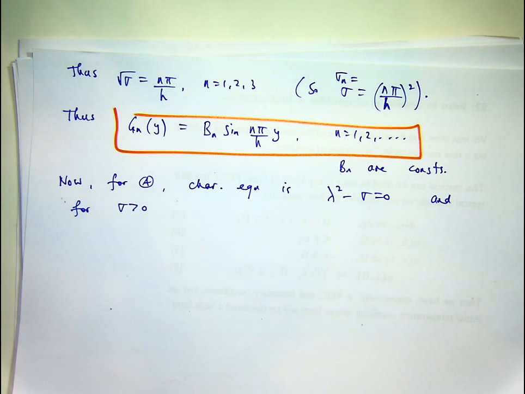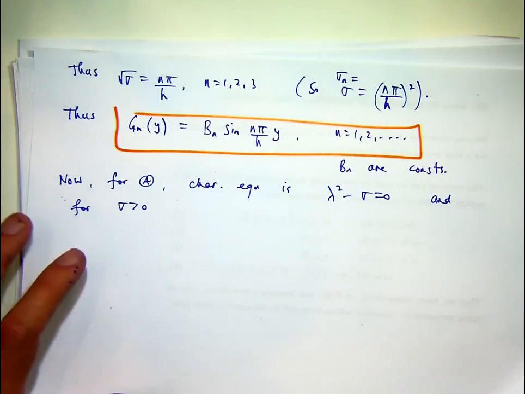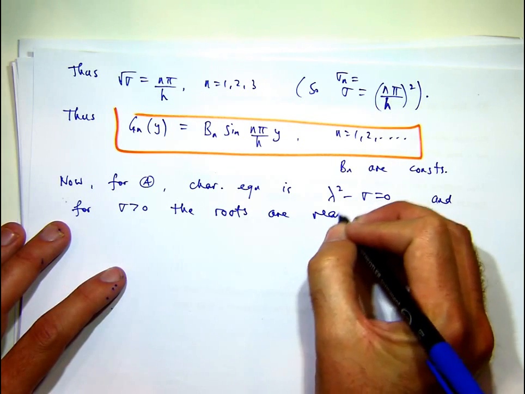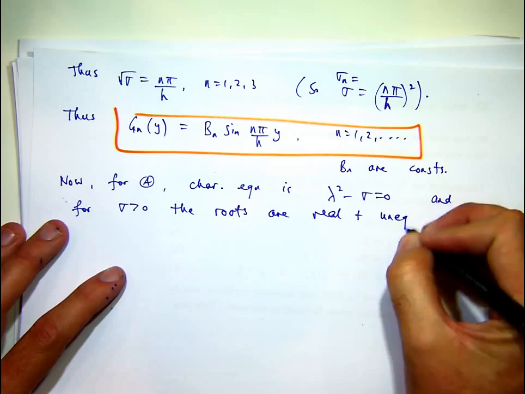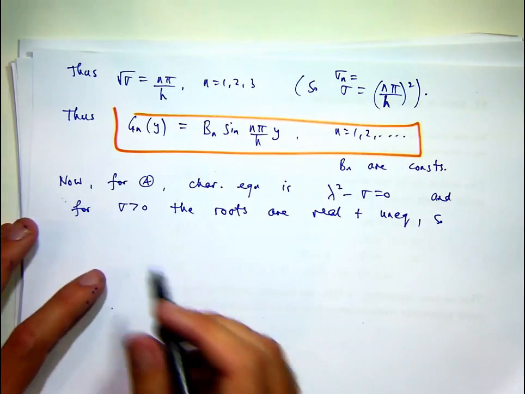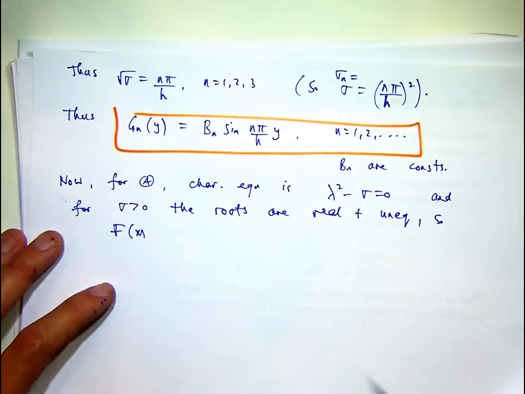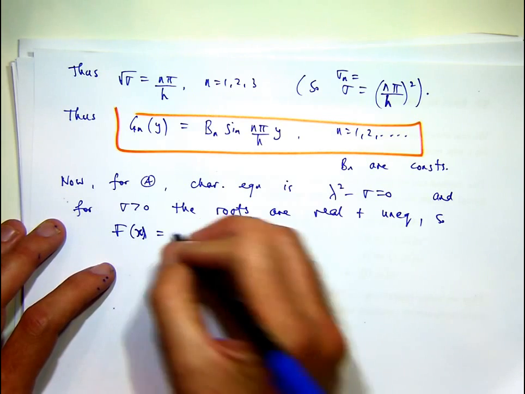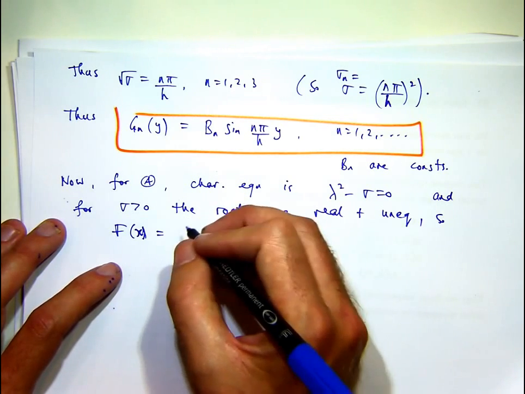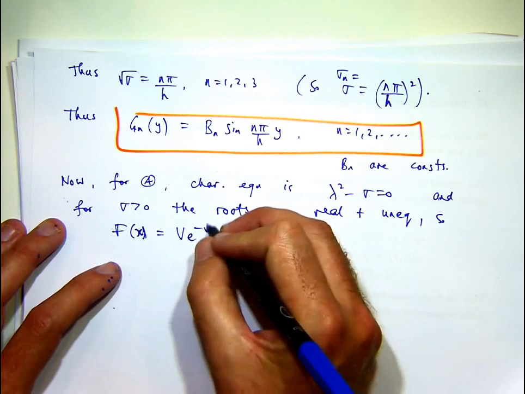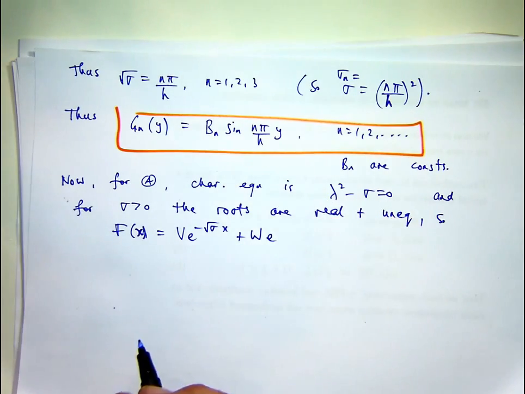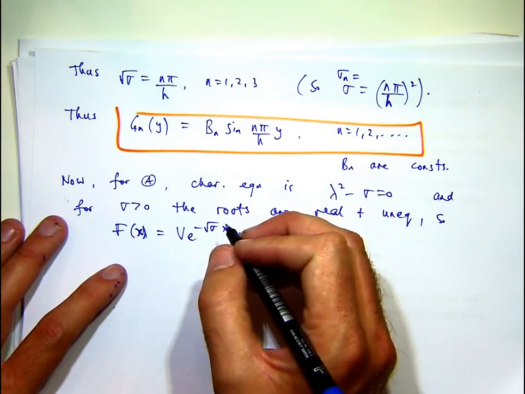So I'm going to get a linear combination of exponentials as the general solution to problem A. So they're real and unequal roots, so the solution to A will be as follows.